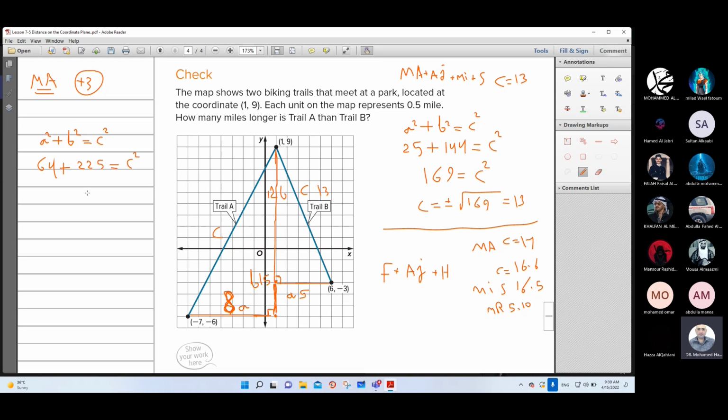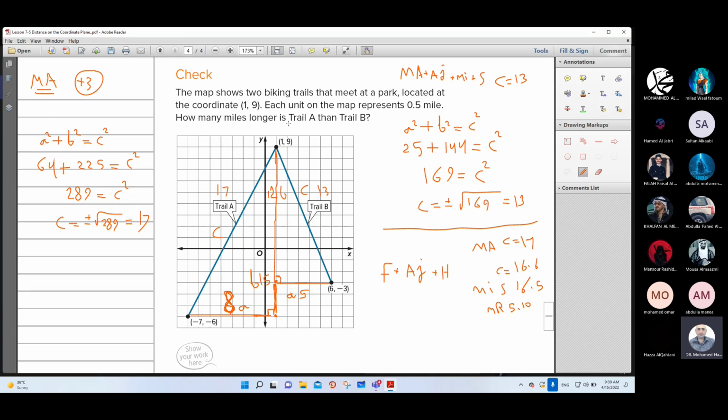So we can add now. C equals the square root of 289, which is 17. So now we know that real B will be 17.